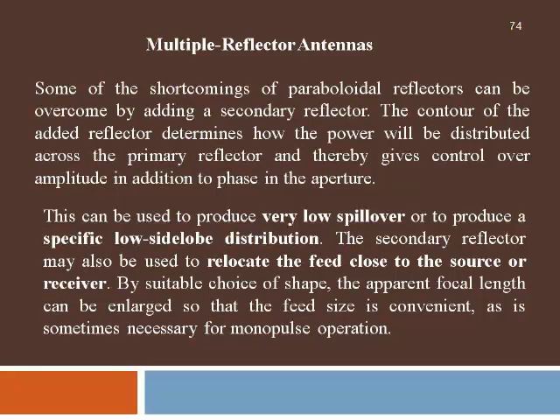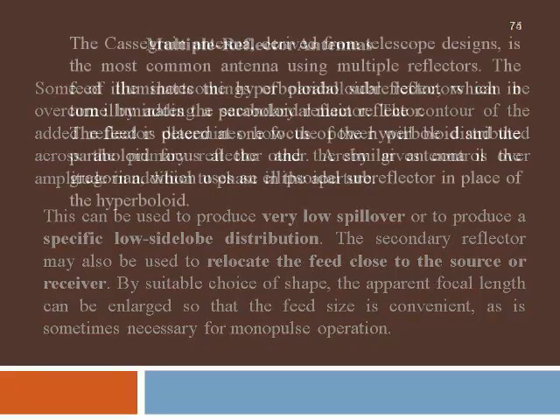This can be used to produce very low spillover or to produce a specific low side lobe distribution. The secondary reflector may also be used to relocate the feed close to the source or receiver. By suitable choice of the shape, the apparent focal length can be enlarged so that the feed size is convenient, as is sometimes necessary for monopulse operation.